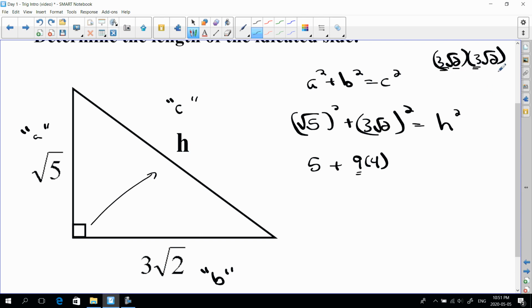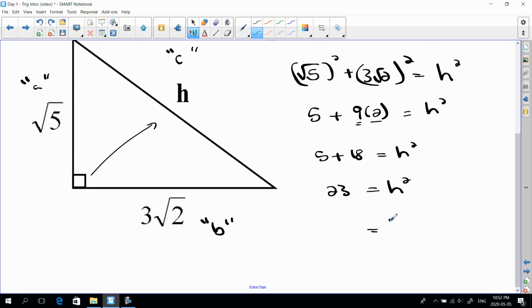Root 2 times root 2 gave me the 2, not 4. That would be the square root of 4. All right. Equals h squared. So I've got 5 plus 9 times 2 is 18. I've got 23 equals h squared.